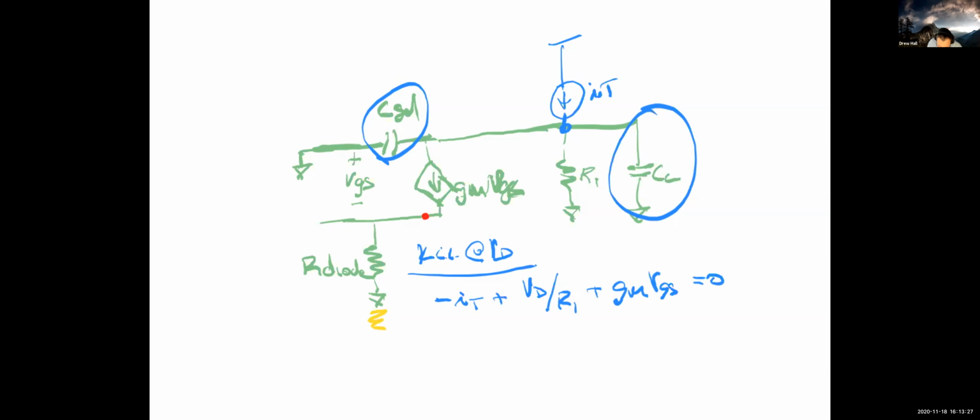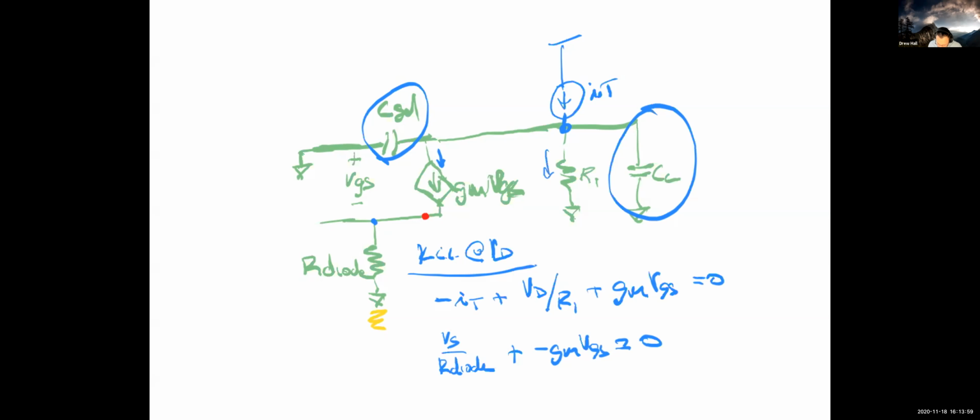So the current that's flowing out of my test current source flows into this resistor, and the current that flows here. I'm also going to need to write an equation at the source node. So at VS, I will have that VS divided by R diode plus negative GM VGS is equal to 0.